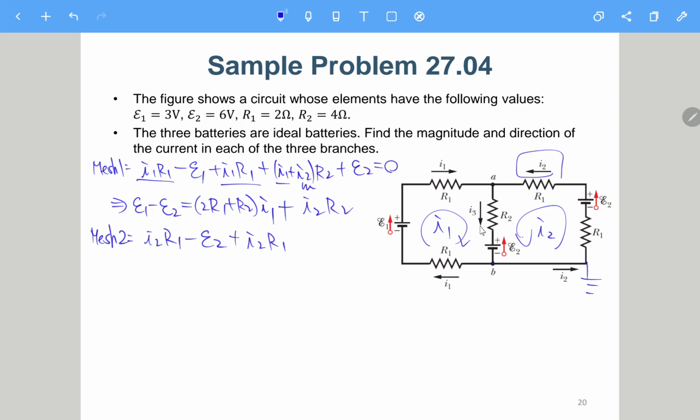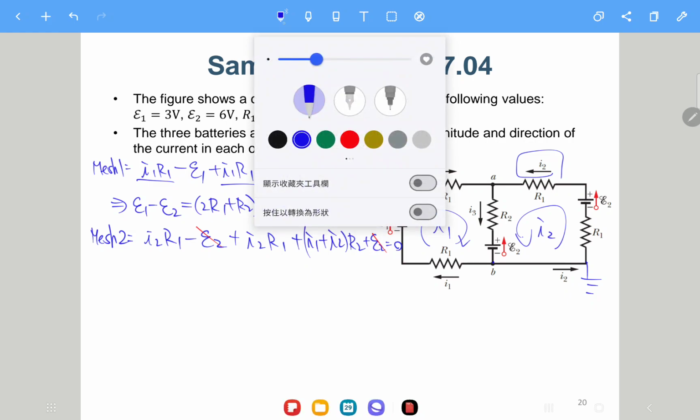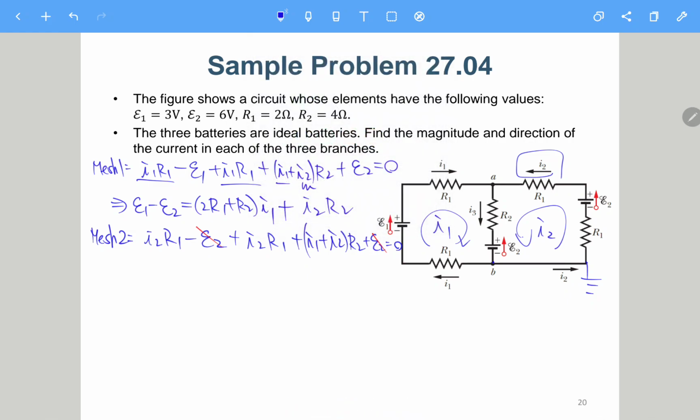And then going to here, I1 and I2 are in the same direction, so we should add I1 plus I2 times R2. And then here, this is higher, this is lower, so we should add E2, equals 0. This is interesting because we have E2 and negative E2 that cancel each other. So in this loop, there is no EMF remaining.